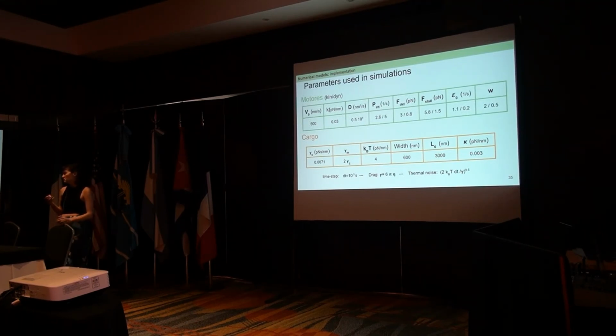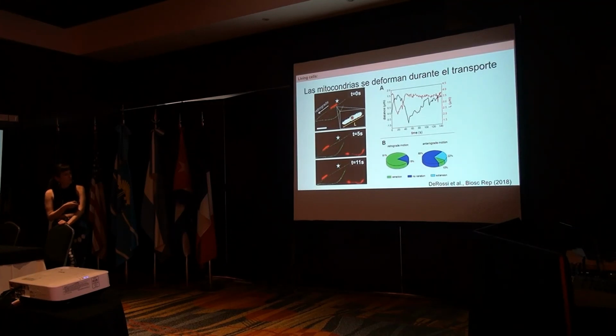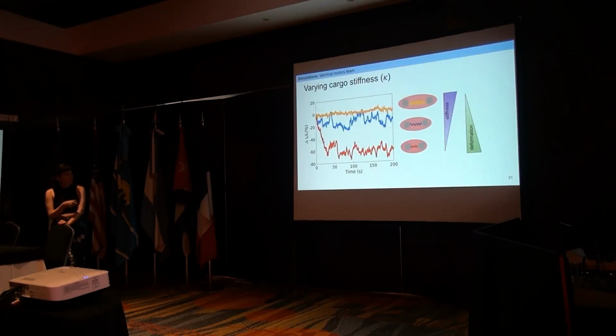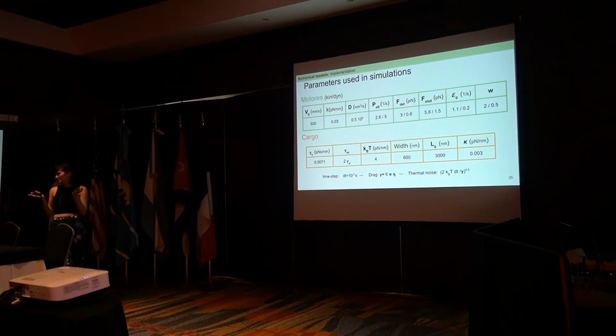We did some evaluations with different cargo stiffness, and we started with the ones that gave us observables similar to those observed in experiments, for example, 20% of elongation change. There's not much in the literature for mitochondria, but for the motors, yes, they are all tabulated and measured. Does that answer your question? Yeah, perfectly. Okay.